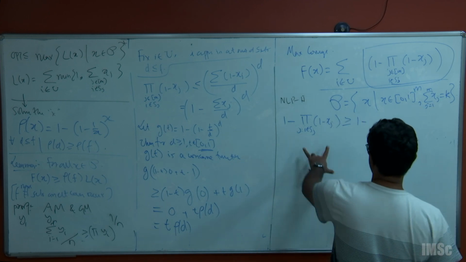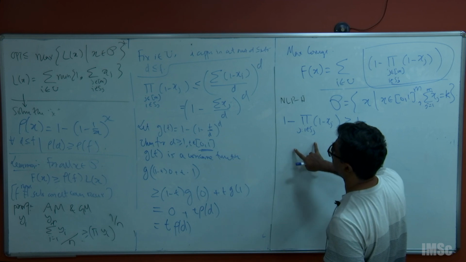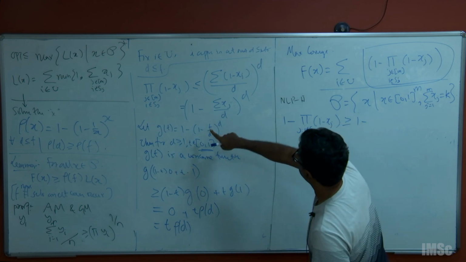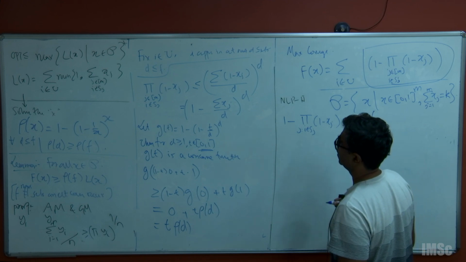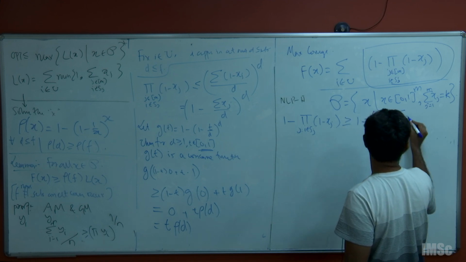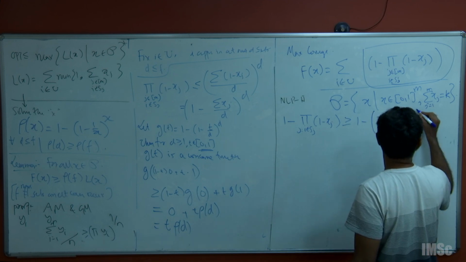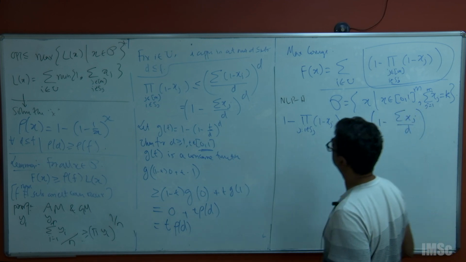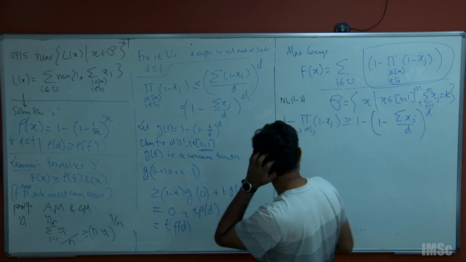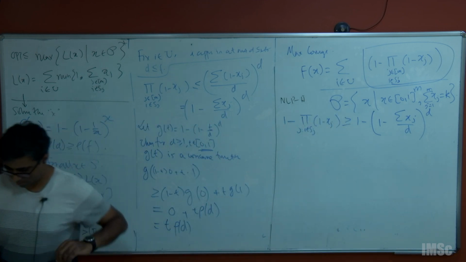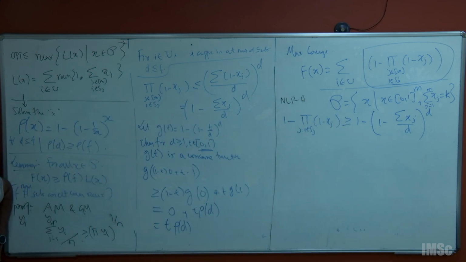Then this quantity is greater than or equal to 1 minus... Is that fine? But t will belong within 0 and 1, that range. Is this fine? And to the power d. Is this okay? Is this fine? At least as a term. Yes.